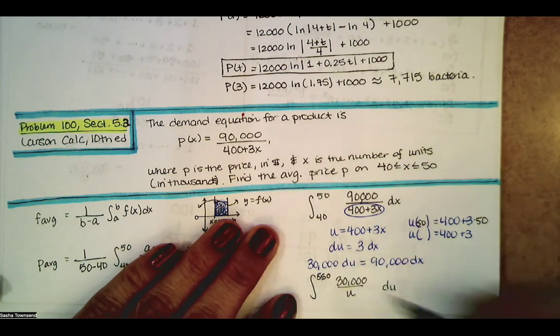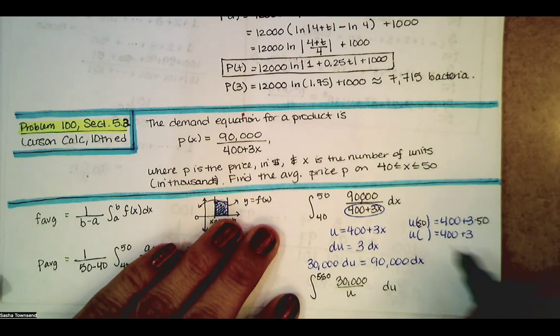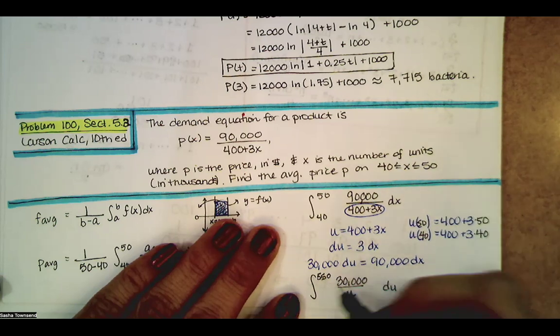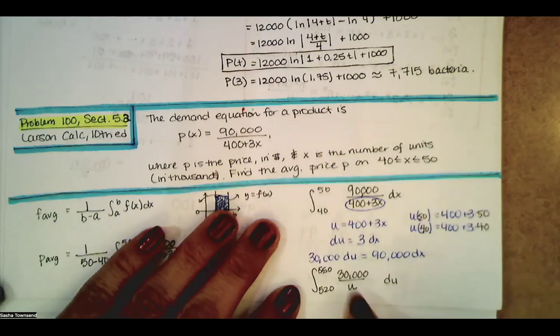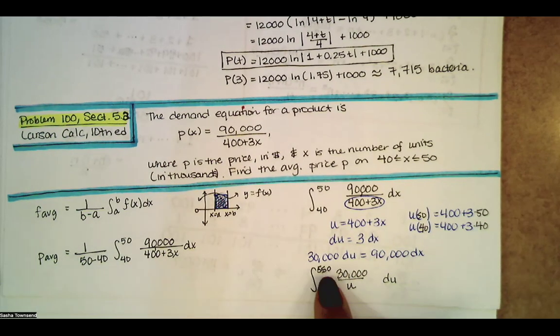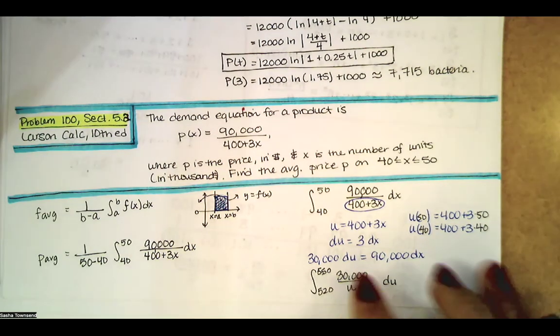That's our upper bound for u. And at x equals 40, we've got 400 plus 3 times 40. So 120 plus 400 is 520. So we're just going to compute the antiderivative, and then evaluate from 520 to 550. So to do that, we take the antiderivative first by the fundamental theorem of calculus. Very easy to do.